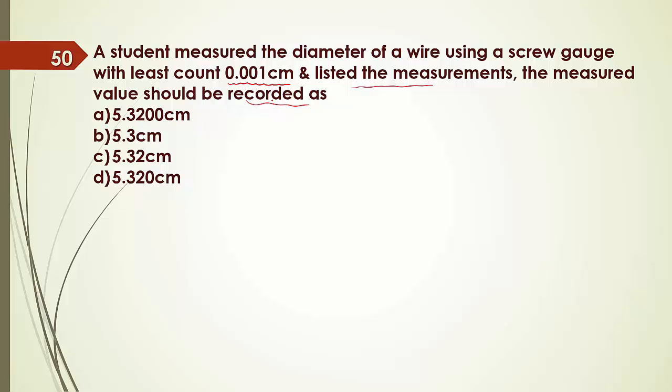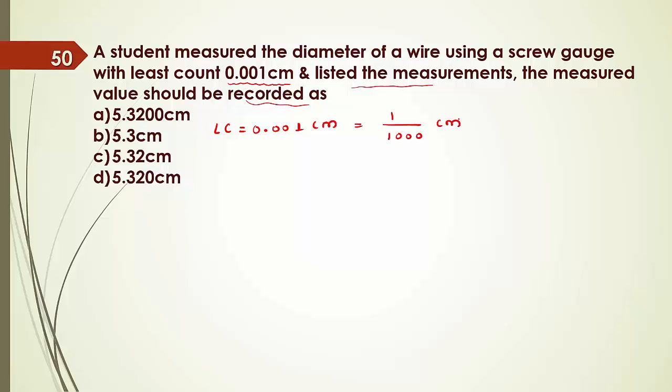Remember, we already studied least count in our theory classes. As the least count is 0.001 centimeter, 0.001 centimeter means 1 divided by 1000 centimeter.